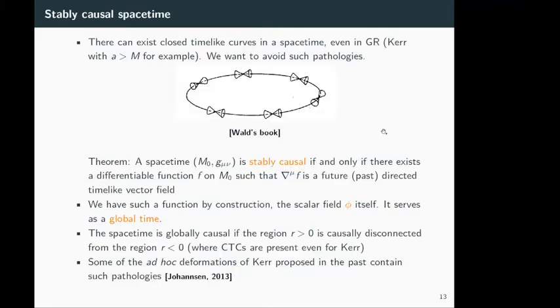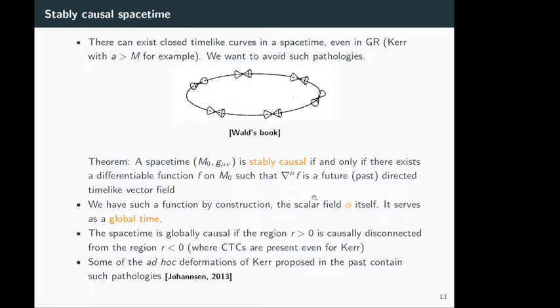Another interesting feature is that this scalar phi, which is very important in our construction, can actually serve as what's called a global time or cosmic time function. So in the Kerr spacetime, when you have a super extremal spacetime, for instance, when the black hole is rotating faster than the mass, you can have closed time-like curves, which of course we want to avoid in our spacetimes.